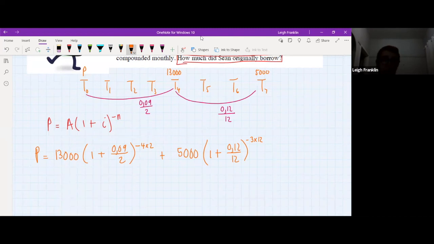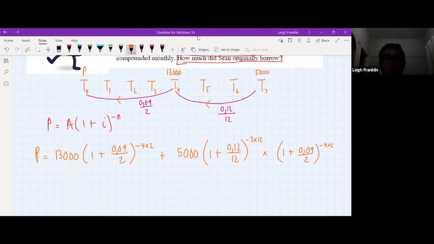But he would have also had to pay it back, because now we're working back the other way. So this 5,000 first earns interest at this rate, and then it would have earned interest at this one as well. So 1 plus 0.09 over 2 to the power of -4 times 2.